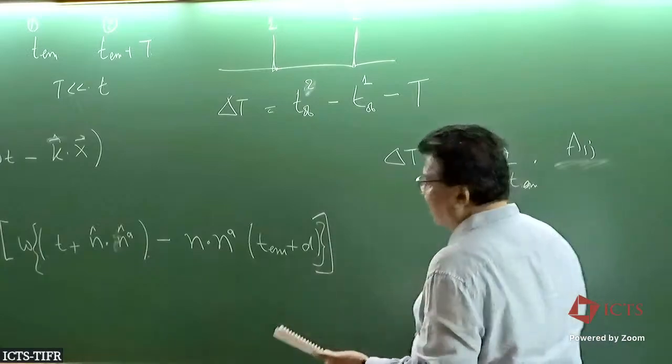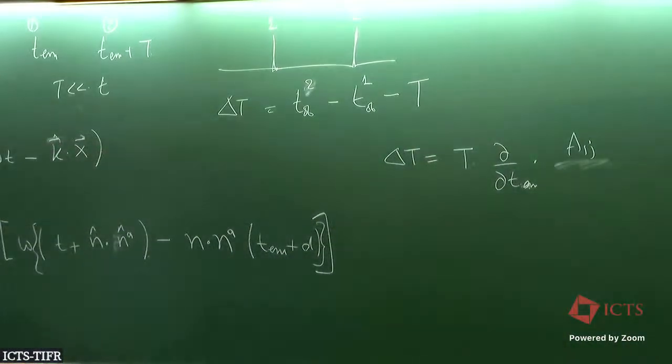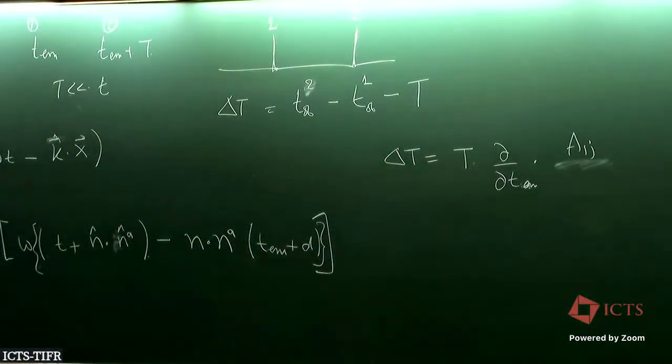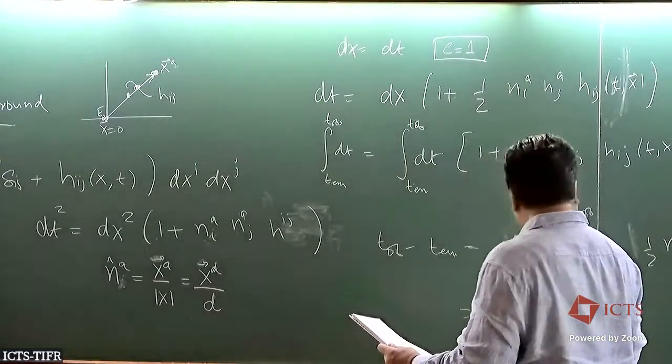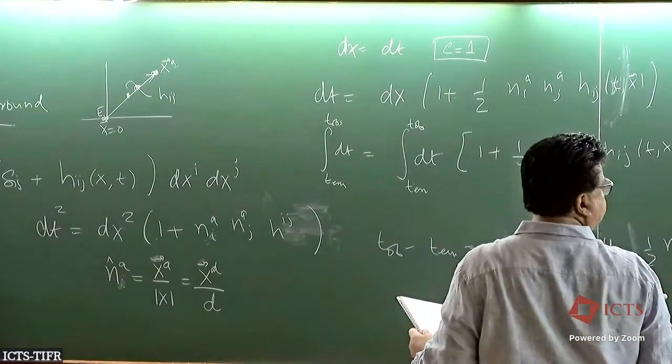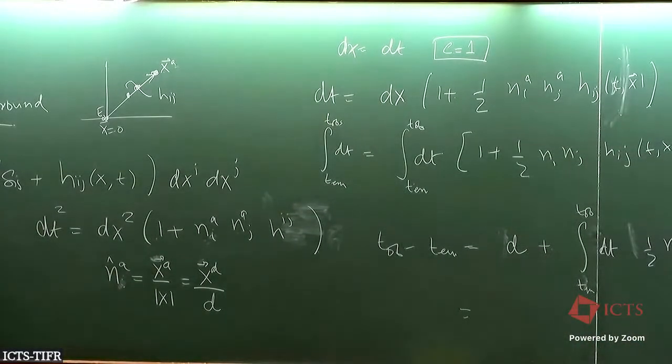Okay, so actually here I could have just done the integral. So here T observation is equal to T emission plus D, plus I do this integral, and this integral will give me Aij.